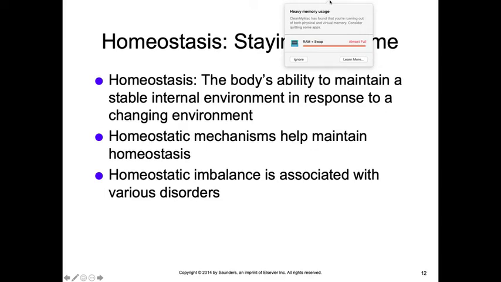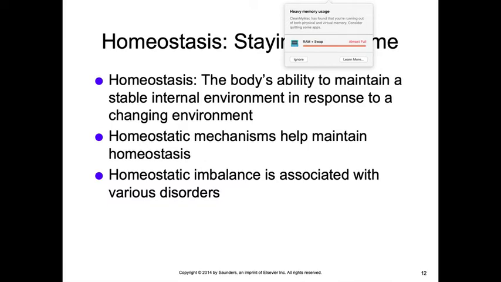So it's able to do things like maintain a temperature within a range that keeps us alive, a body pH within a range that keeps us alive, a body fluid balance in a range that keeps us alive. If we get outside that range, then we have a condition called disease, which literally means not at ease. And then if we get too far outside that range, we die.